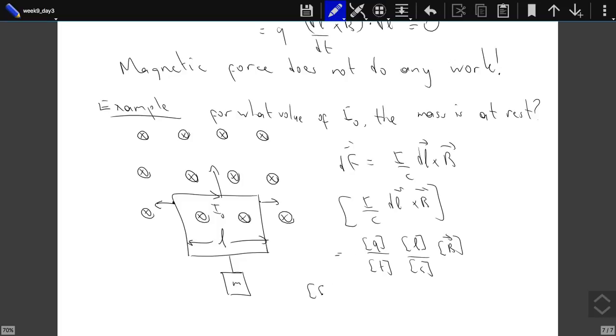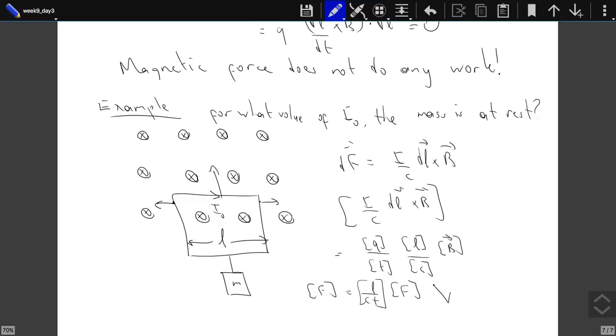So the unit of force is equal to unit of L over C times T times the unit of force, which is correct. L over T has the units of velocity, C has the units of velocity, they cancel, so the units are fine.